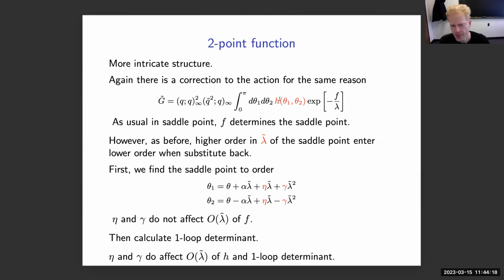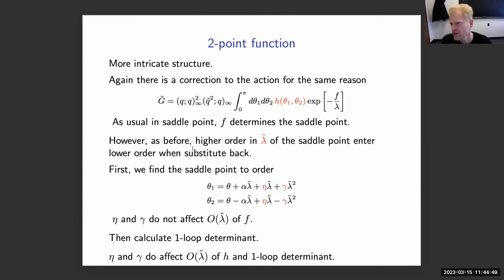That's fine. But the subtlety is that when we do the expansion in this small lambda tilde, which will eventually affect lambda, as we'll see in a moment, we're talking about light operators. Recall that I mentioned that the saddle point values at higher orders in lambda tilde actually enter the saddle point equations at lower orders when we plug them back.